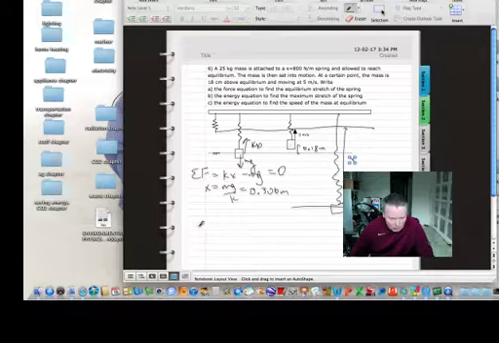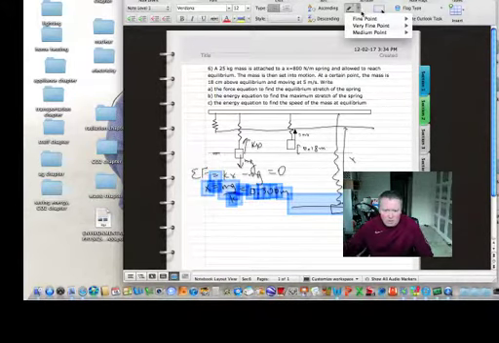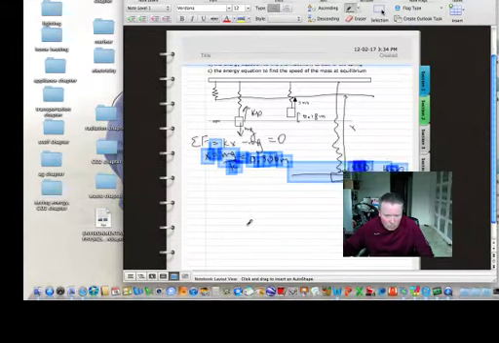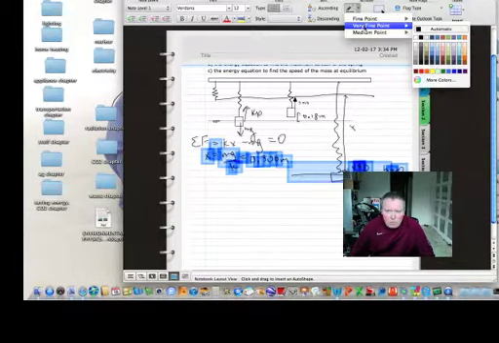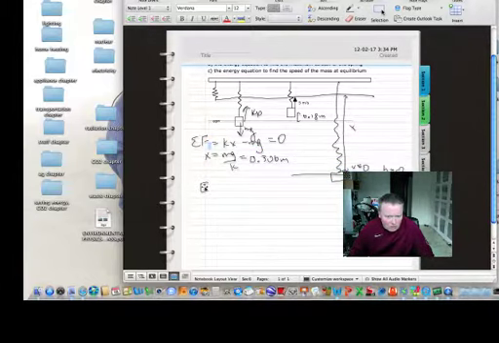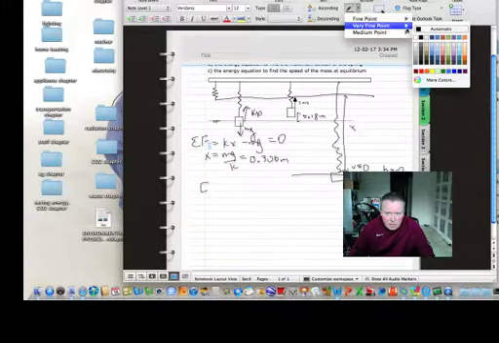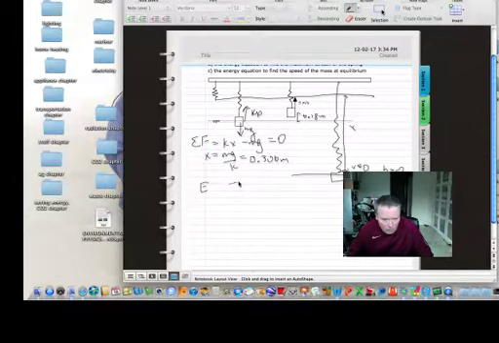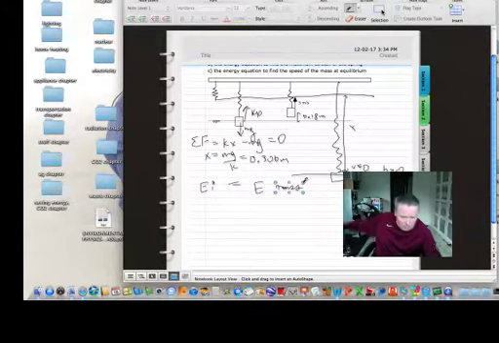So let's write the energy equation. The energy at the start will equal the energy when it stops down at the bottom.